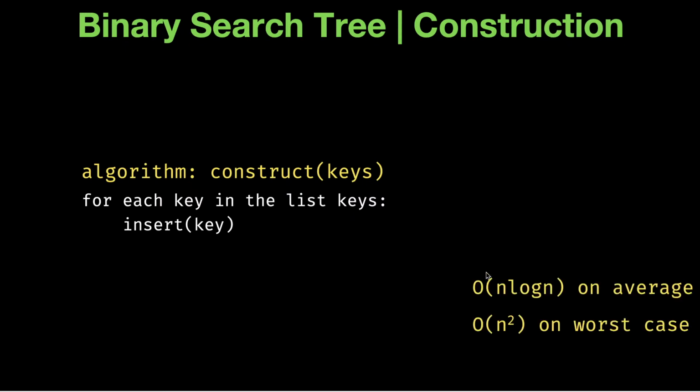And again we can clearly see that in the average case, every insertion will have complexity of O(log n), and for inserting n keys the overall complexity will be O(n log n). But in the worst case, the insert operation itself will take O(n) time. So for n keys it will take n times n, so on the worst case the complexity is O(n squared).